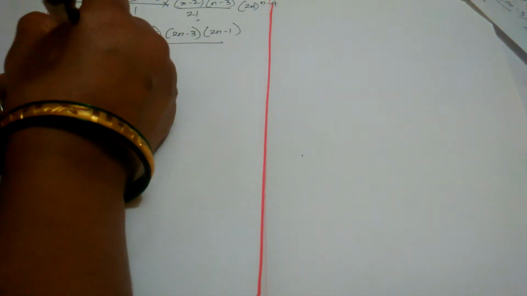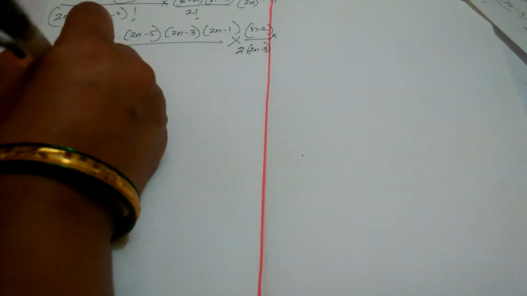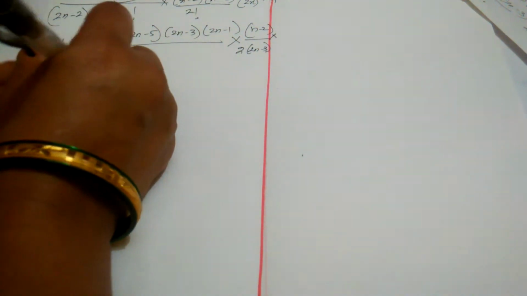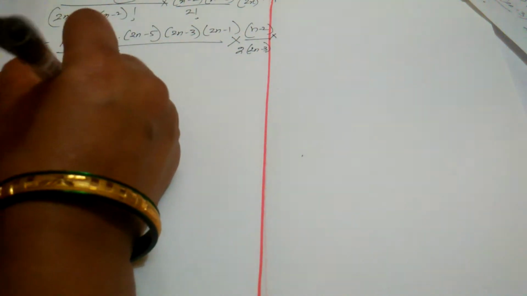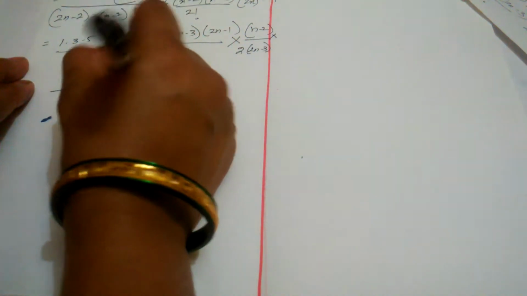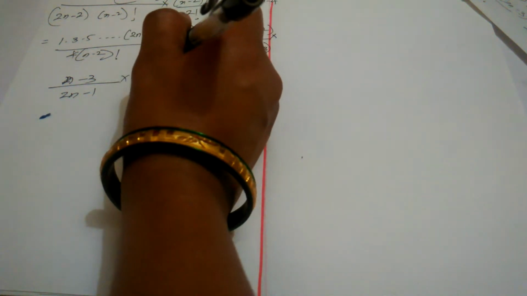Divided by 4n minus 2 factorial into, it is n minus 2 divided by 2 of 2n minus 3 into, I'll write it down, into n minus 3 divided by 2n minus 1 into x raised to n minus 4. I hope up till here it is clear how we have solved this one.